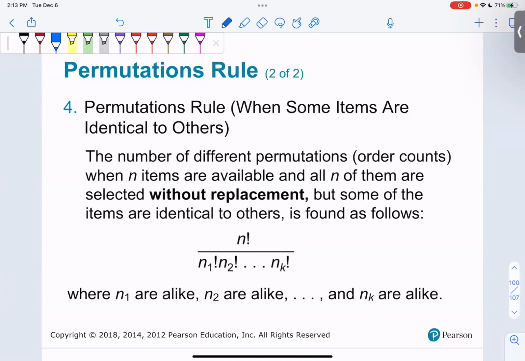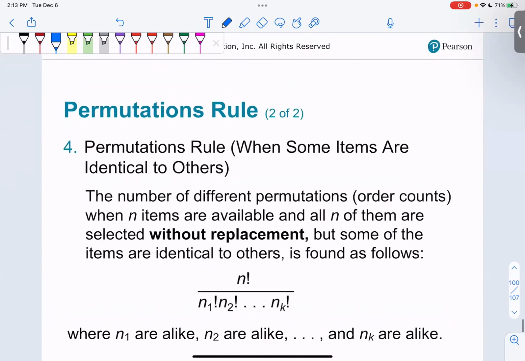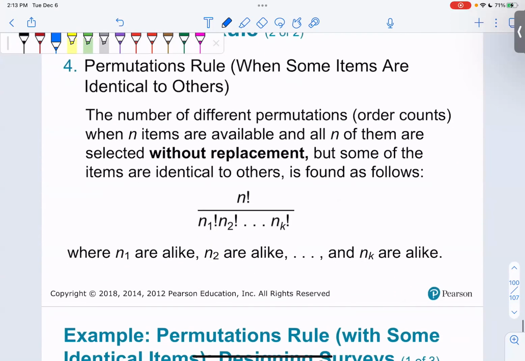So now what about if we have some identical items? Imagine I want to give an example.